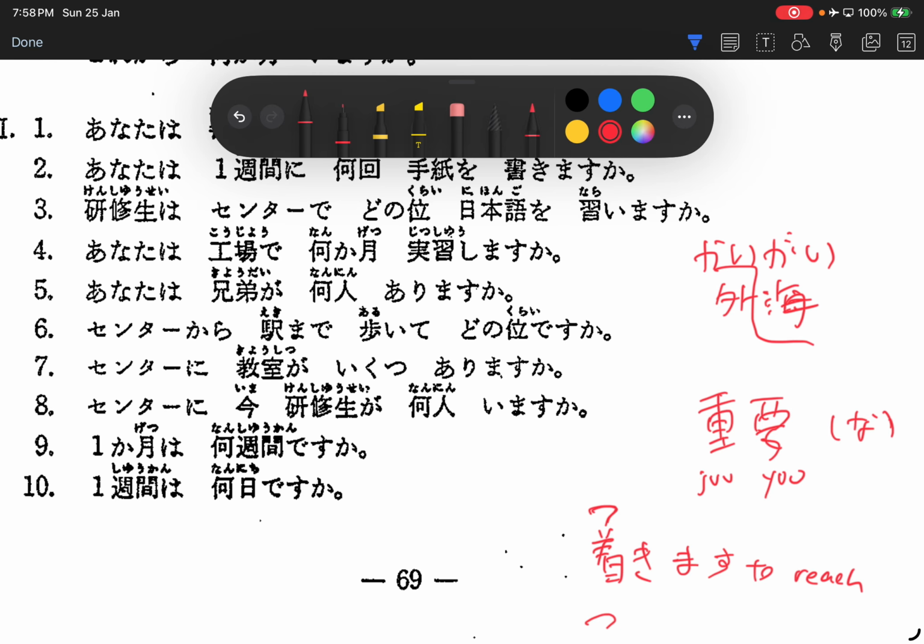Okay, next. センターに教室がいくつありますか？ Yes. 教室が6つです。 Okay, 教室が6つあります。 If you want to add one more thing, you can say, 小さいですから6つあります。 Next. センターに今研修生が何人いますか？ Yes. Warren.